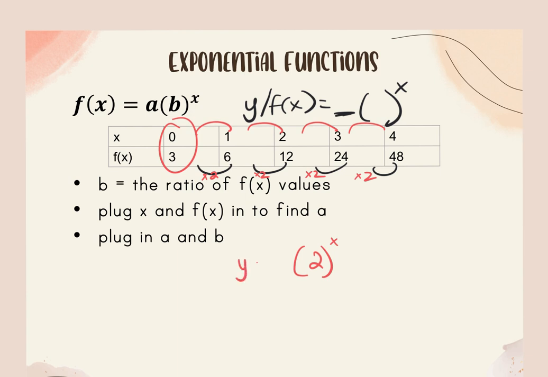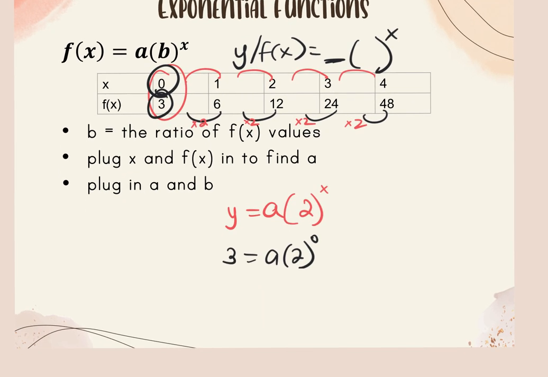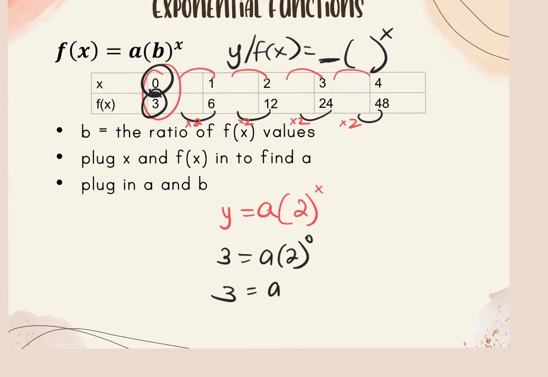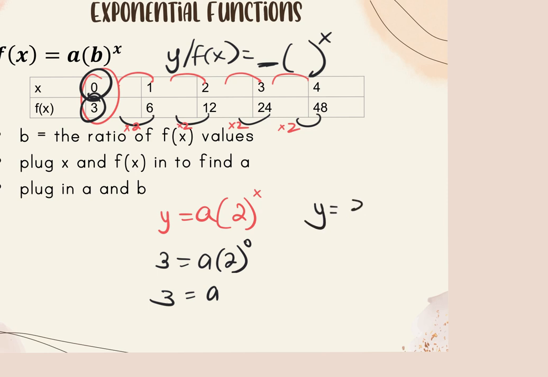So if I didn't know a from my chart, I would get to this point. I would plug in a coordinate point where 3 would be my y, 0 would be my exponent, and I end up getting that a is 3. This time I don't need to do that because it gave me the 0 term, or where x is 0.